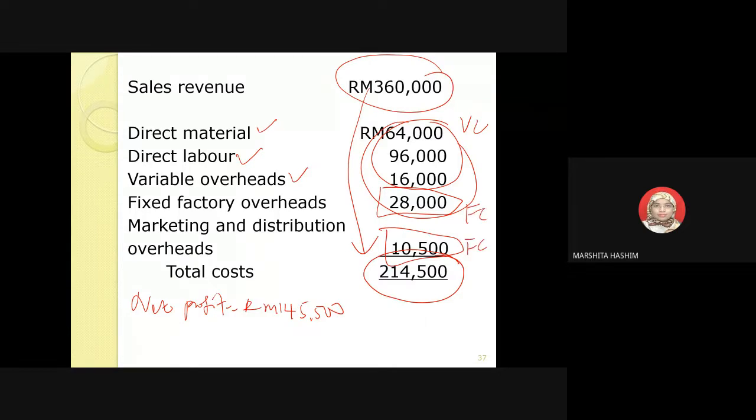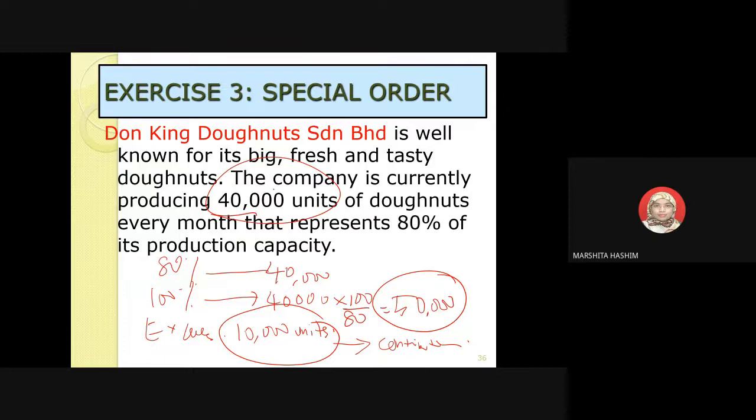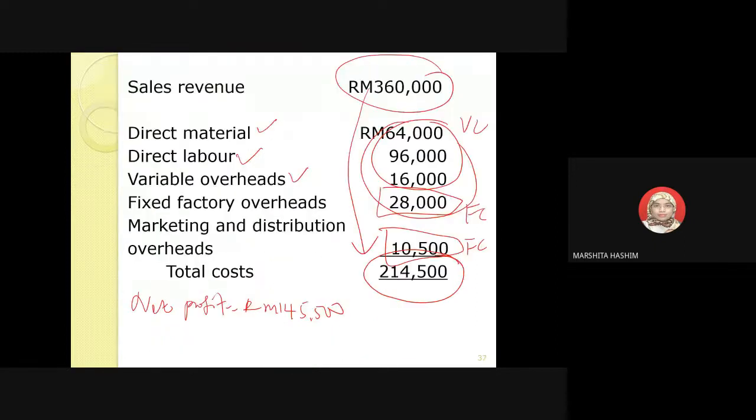So all variable costs change according to units produced. Currently, you are producing 40,000 units. That means this value is based on 40,000 units. Your sales revenue is also based on 40,000 units. Now, can you calculate the value for one unit?